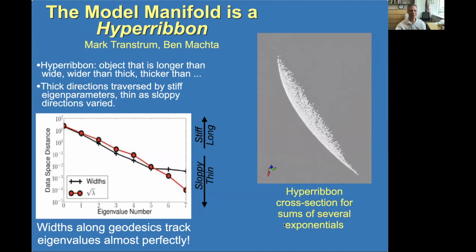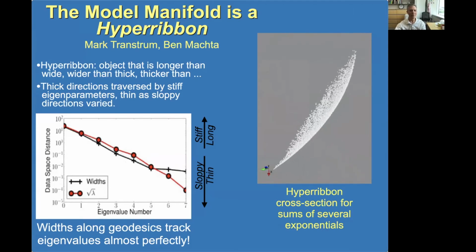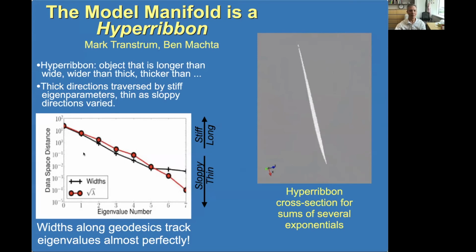And just as we had a hierarchy of eigenvalues in the parameter space, so we have a hierarchy of widths. And in fact, the hierarchy of widths very nicely tracks the corresponding eigenvalues if you take the square root.